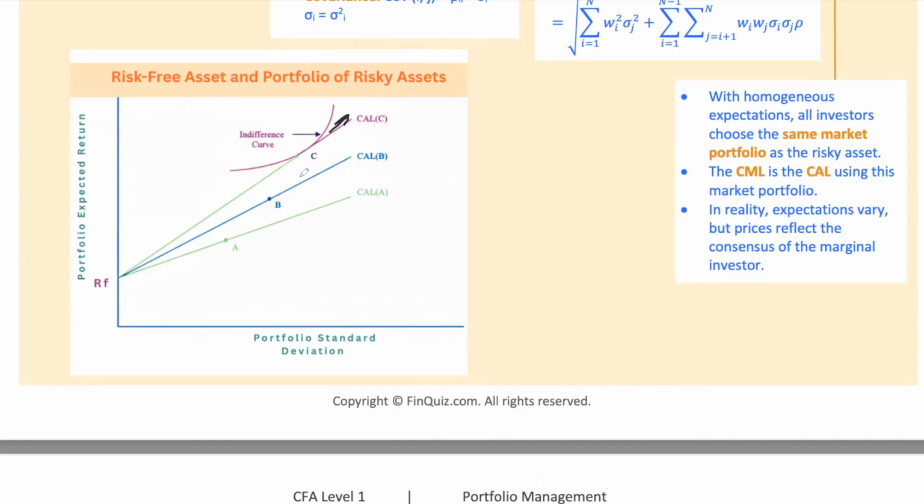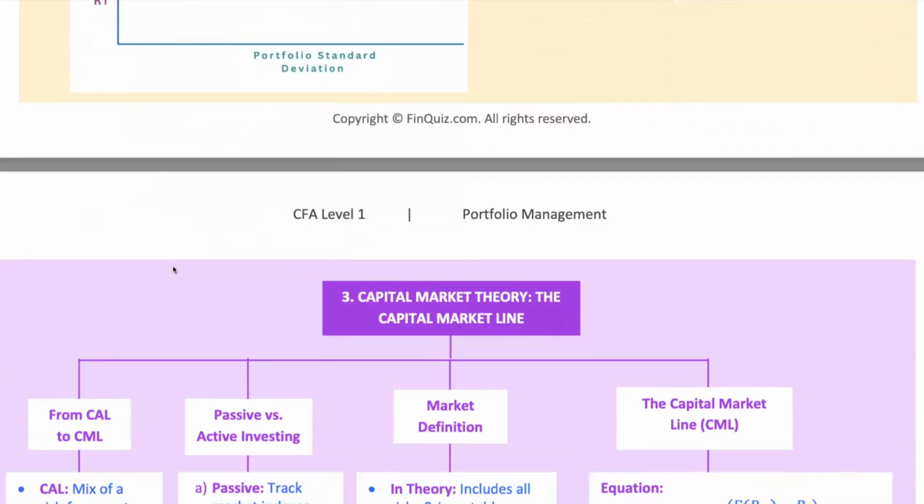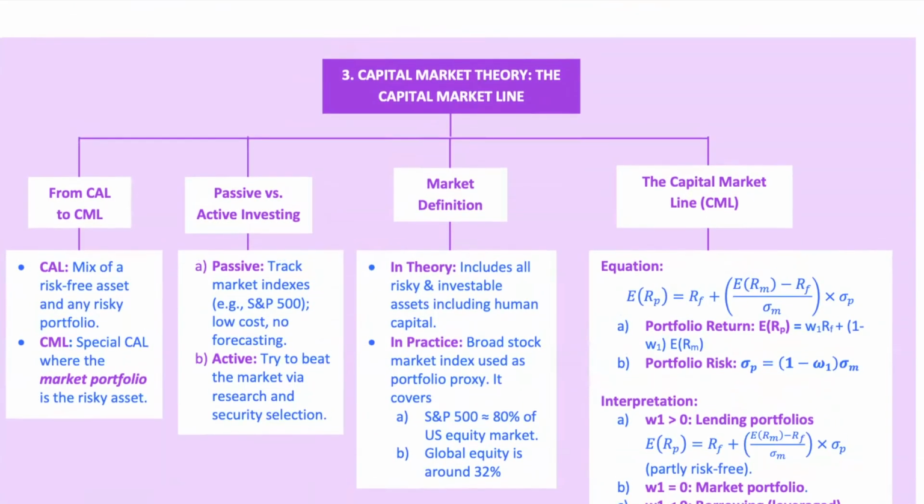Risk takers, they're way out on the right, even borrowing at the risk-free rate to invest more than 100% in the market portfolio. The CML, in short, gives everyone the same efficient path. It's just your position on the line that changes with your risk tolerance.